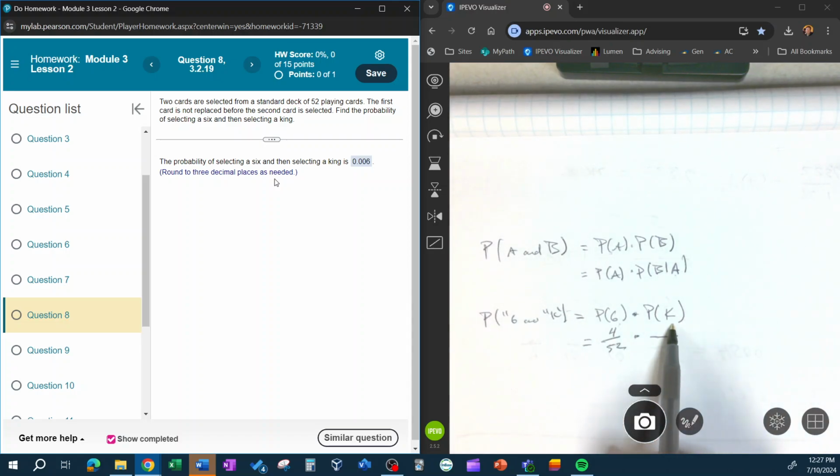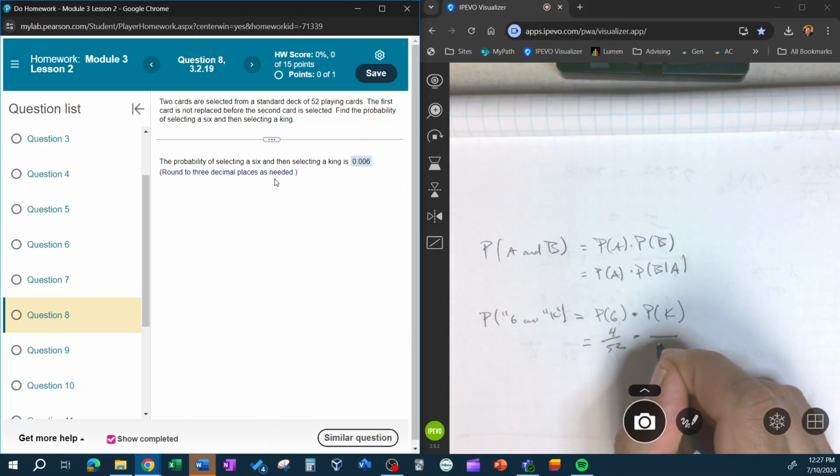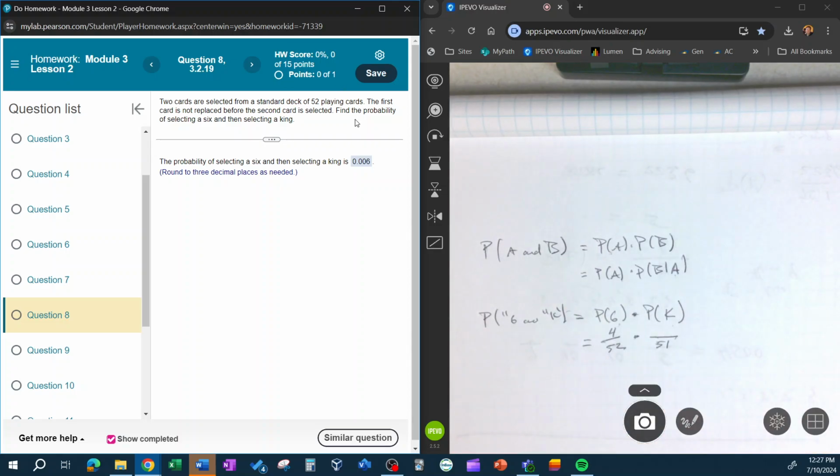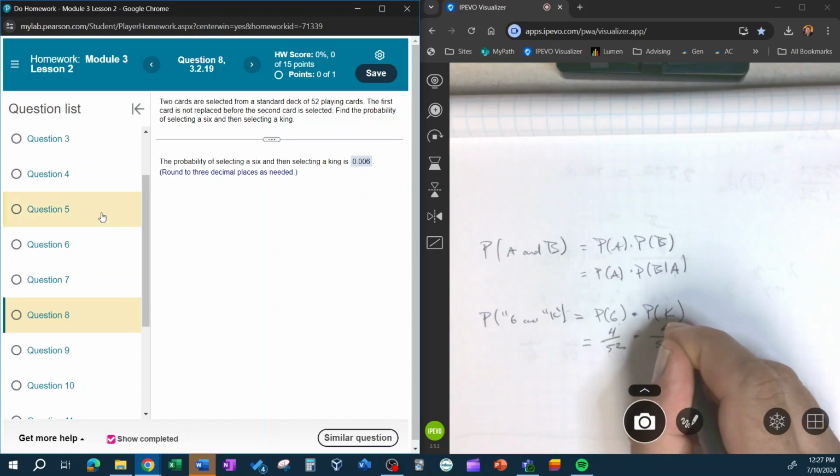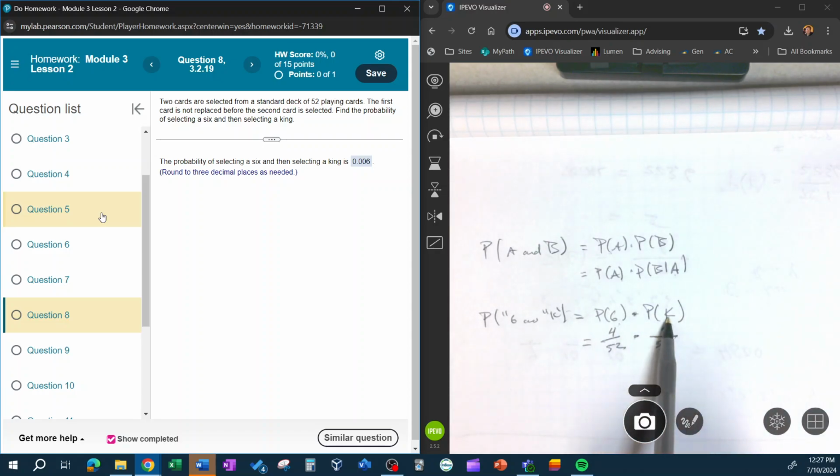Now, here's where the probability of getting a king is dependent on this event, because we take one out. Since it says "is not replaced," we're going to take one out, and now we only have 51. So now the probability of getting a king, there are 4 kings out of 51.